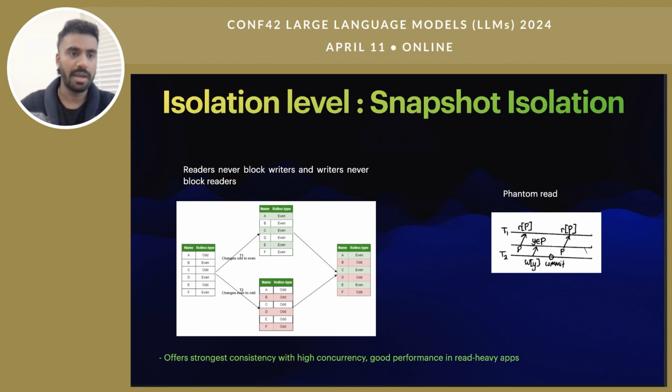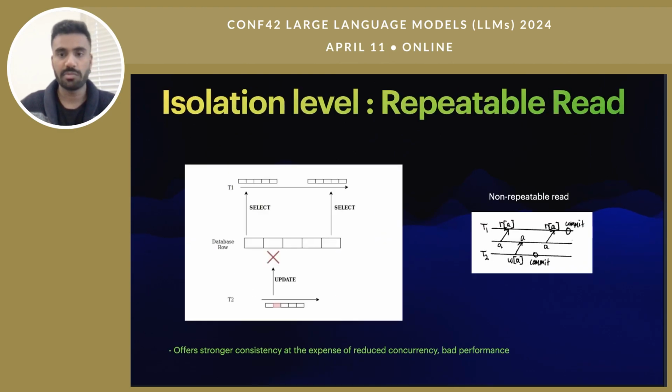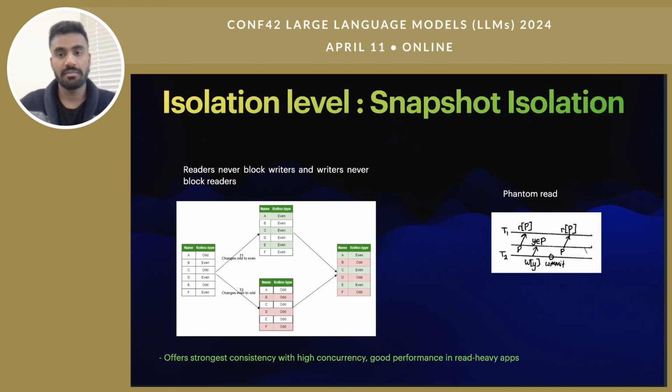In the previous one, you're reading, and then transaction 2 is writing, committed, and then another read. Similarly, reading, and then another transaction is writing, and again a second read. So it's similar to a non-repeatable read, except it involves changing a collection matching a predicate rather than a single item. So it's a range. So how is this solved by the snapshot isolation level?